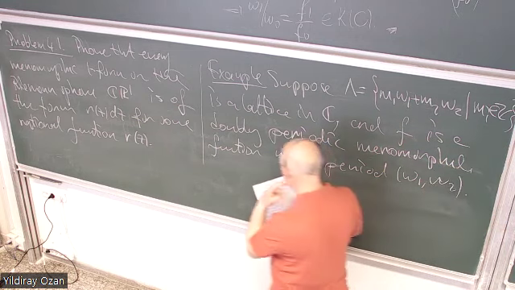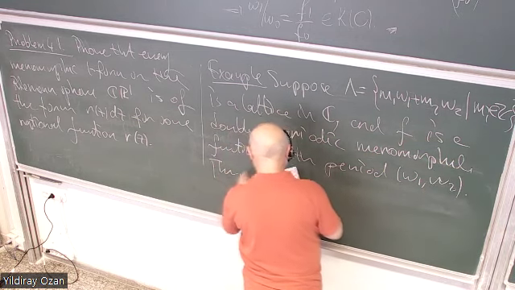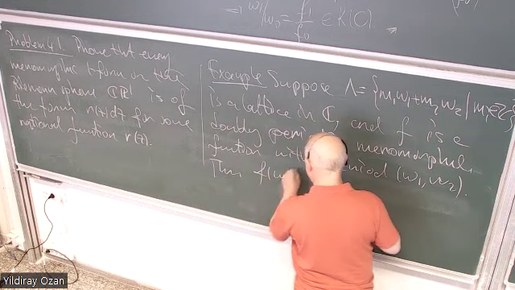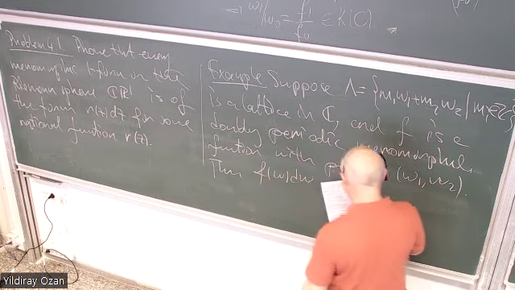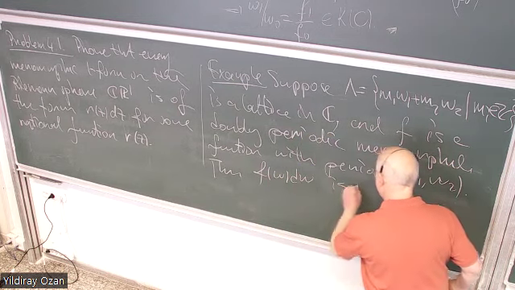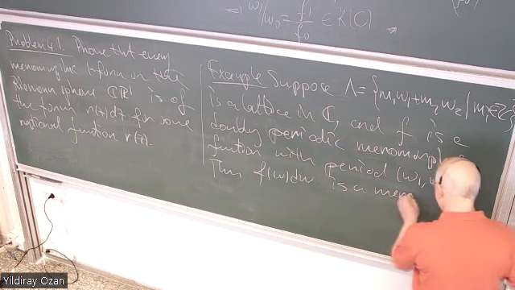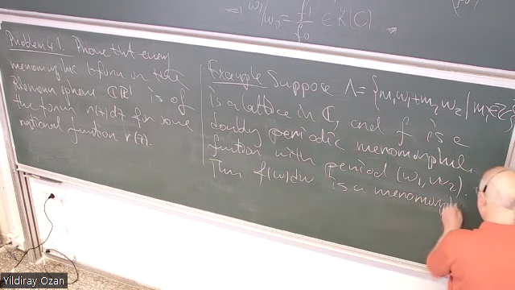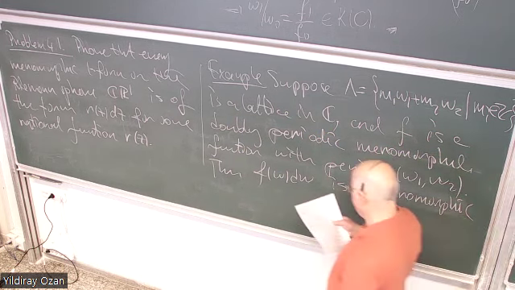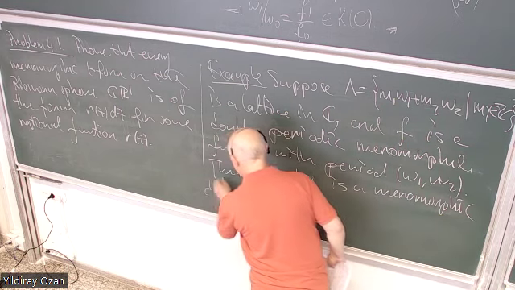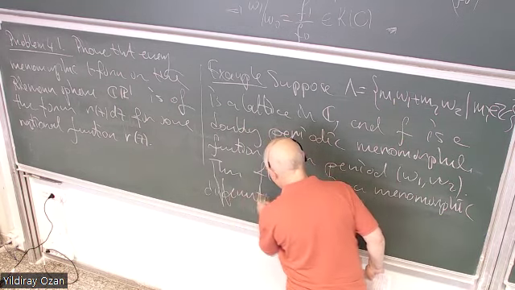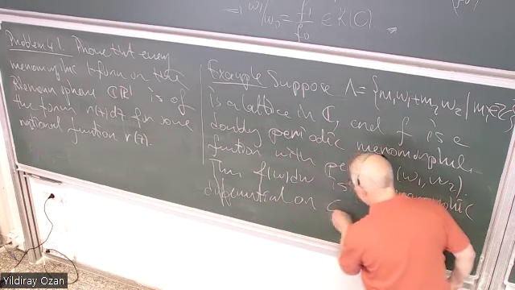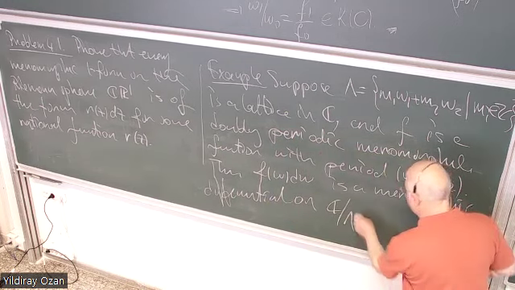Then f of w dw is a meromorphic differential on C over this.